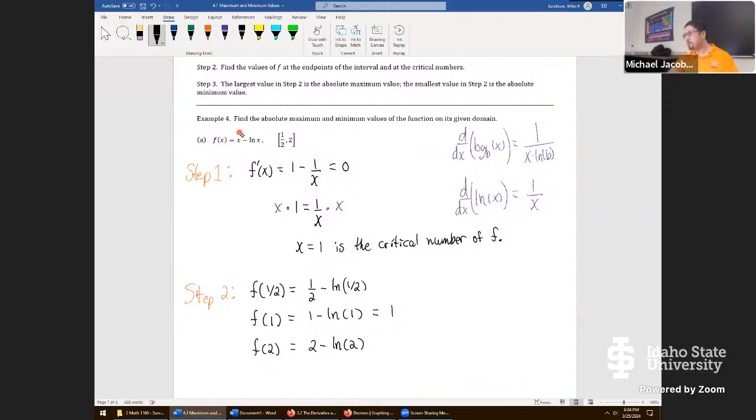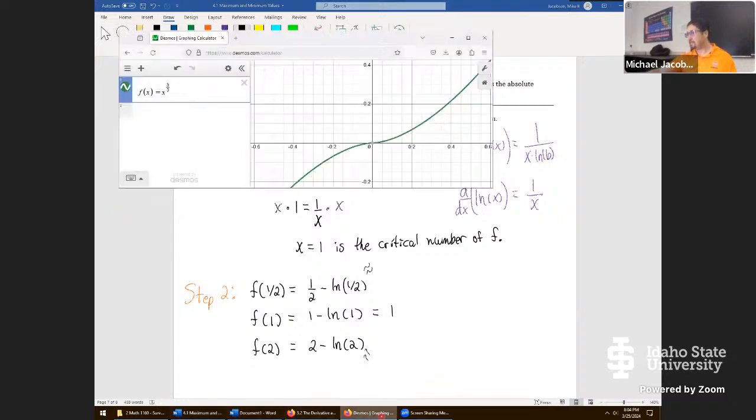Now for some of these values, I'm not sure what they are going to evaluate as, so I'll do a couple quick approximations just to get a feel for it. On this one, a half minus natural log of 1/2 is about 1.19.